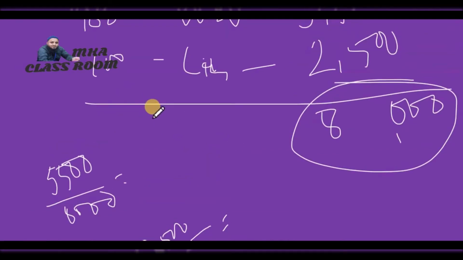That should be the percentage, that means how much weight Walmart and Cisco have. If we calculate this with our calculator, 5,500 divided by 8,000 is 68.75%.